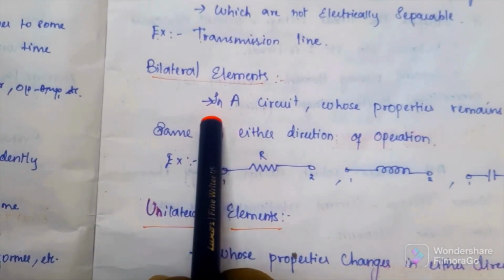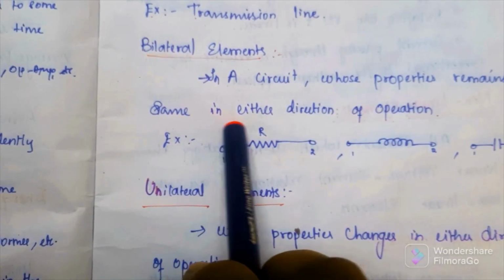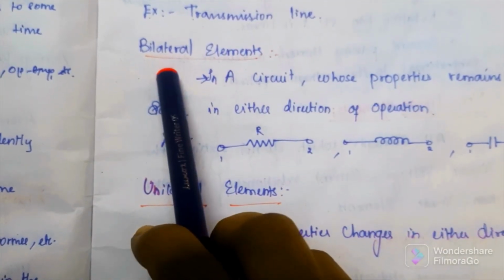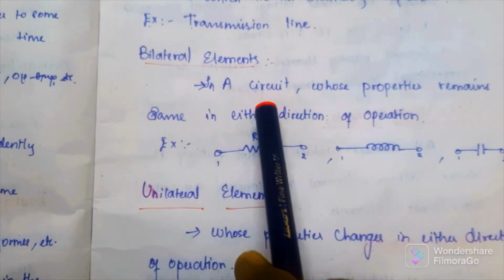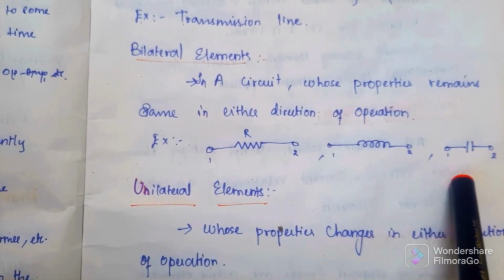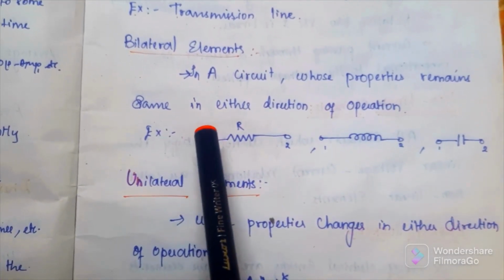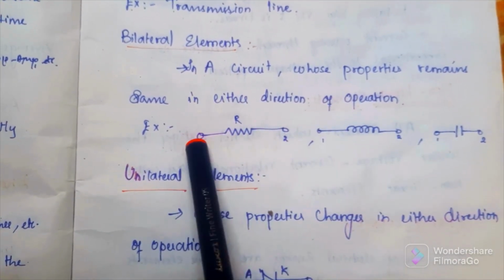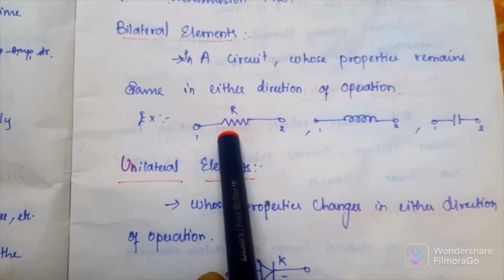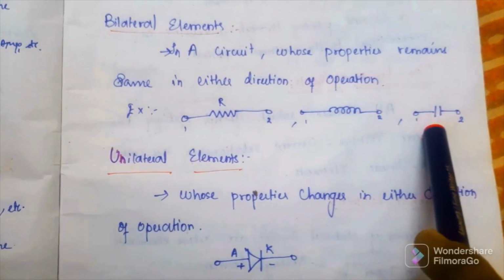Bilateral elements. A circuit whose properties remain the same in either direction of operation is called bilateral elements. You can take the example of resistor, inductance, capacitance. In a resistance, if we connect from positive to negative or negative to positive, the operation of the resistor does not change. It remains the same in both directions, and also in inductance, capacitance.